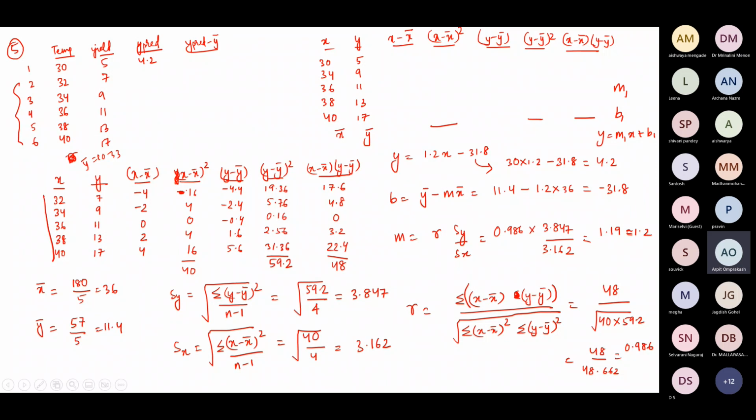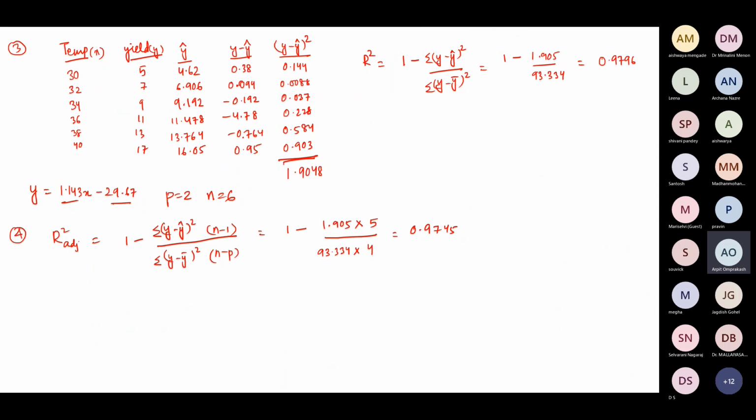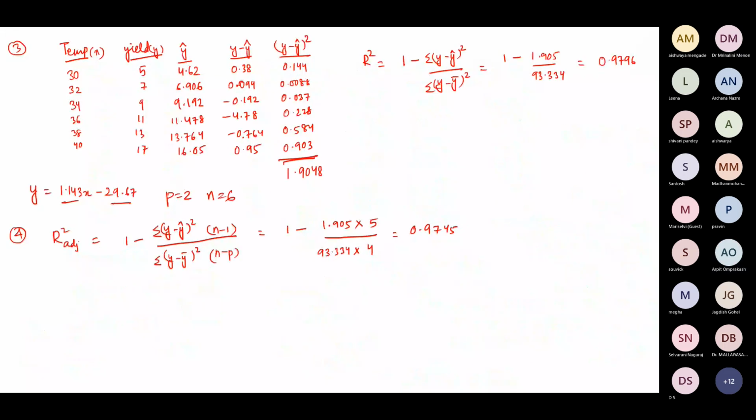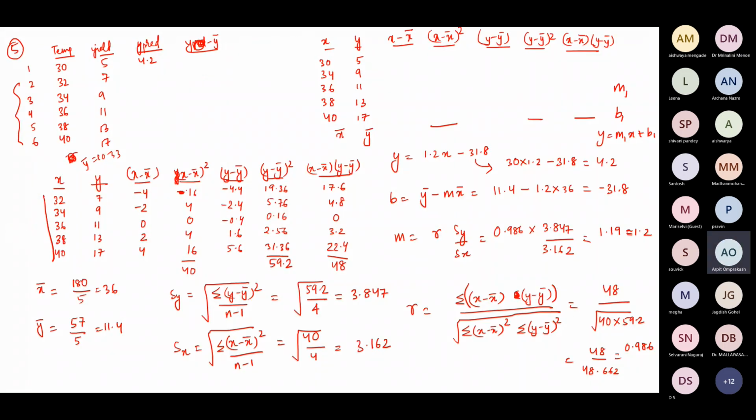You will calculate y minus y mean. This is yield minus this, which we calculated somewhere here. So it will be the same as what it was there: minus 3.33 and so on.